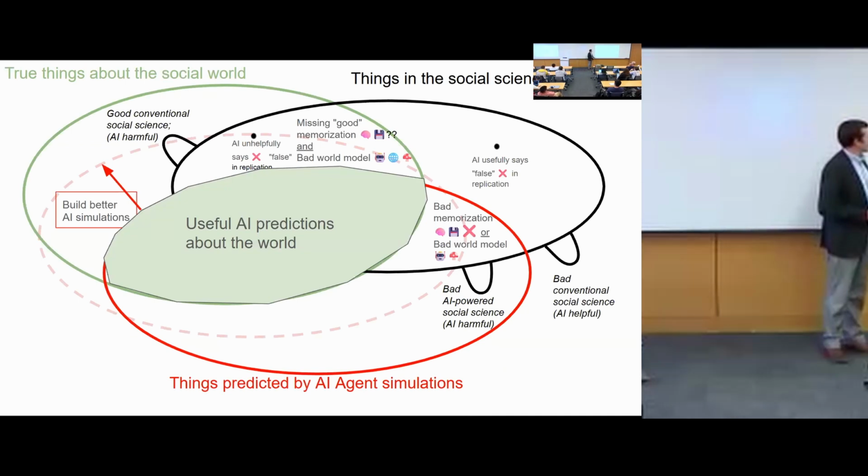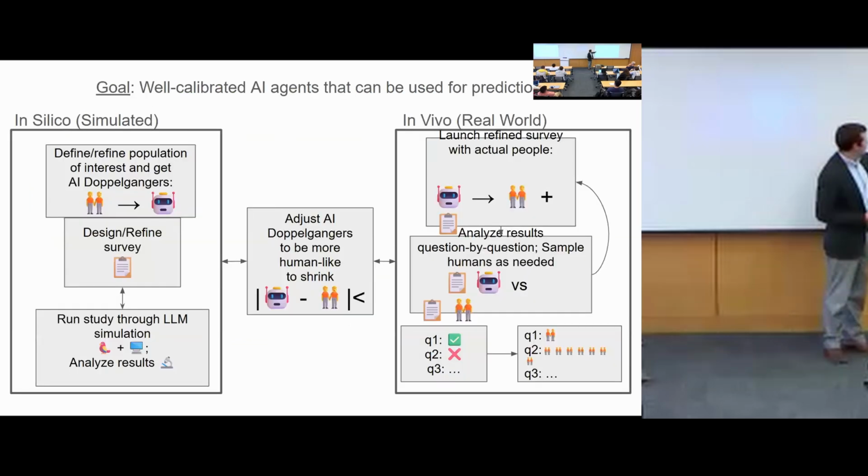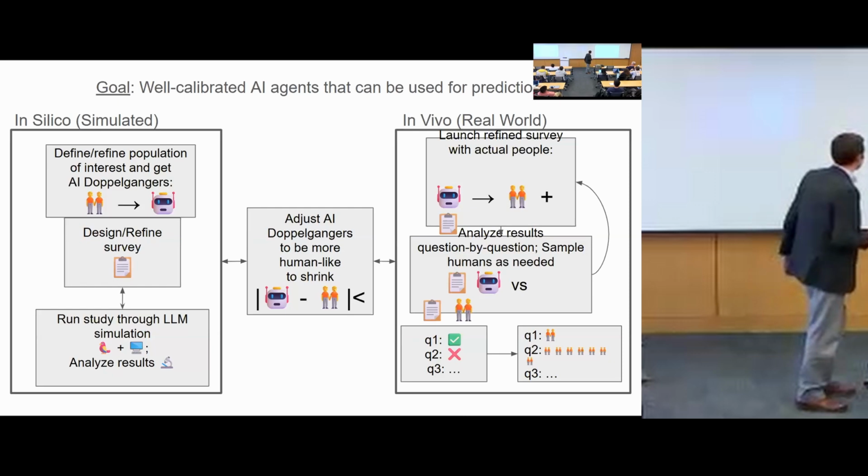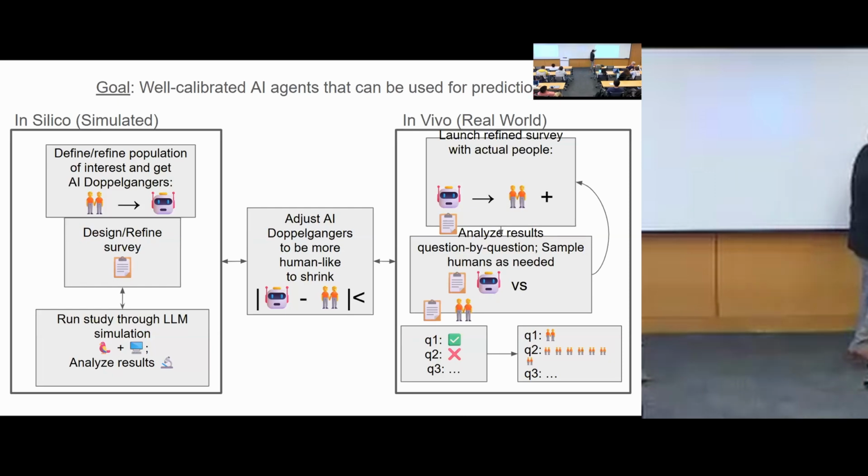So what you might hope is that you can get better at this. Oh, I did have this slide. You were asking how you might do this. I imagine we'll refine surveys or experiments in simulation. We do this step on our laptop and try to get good approximations. And then we ultimately have to go to the real world and try it out with actual people.